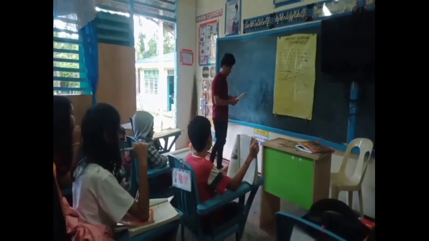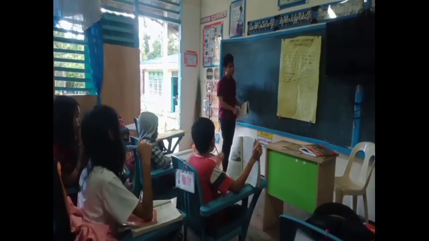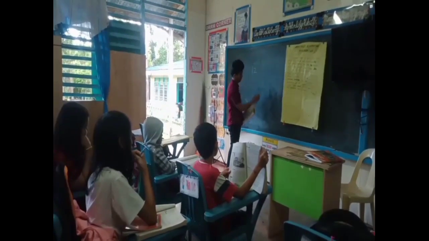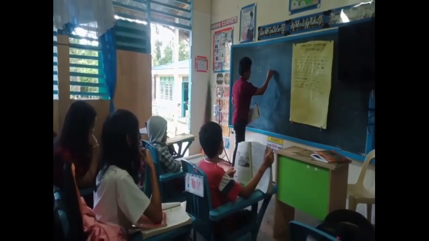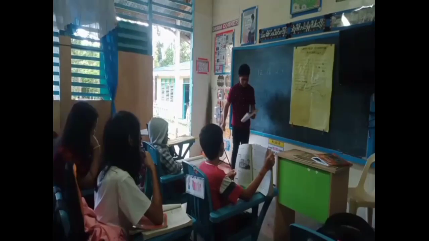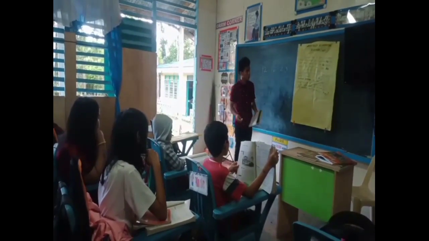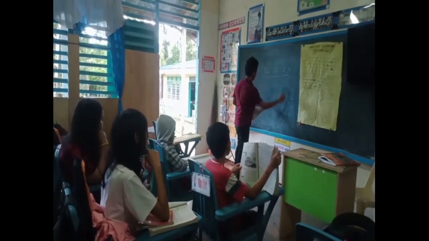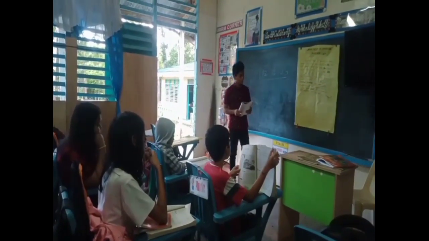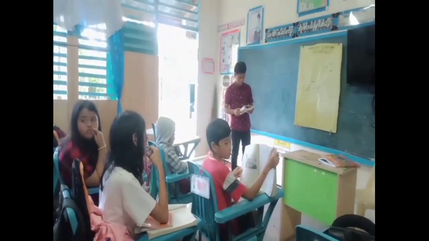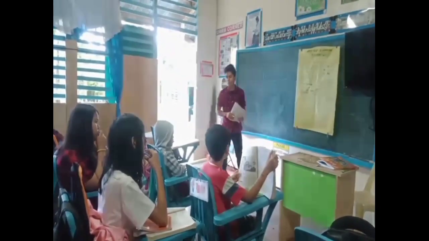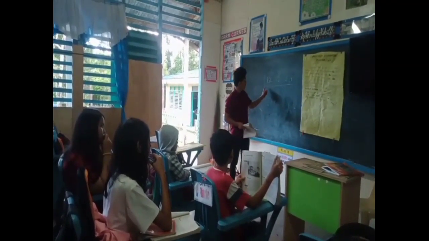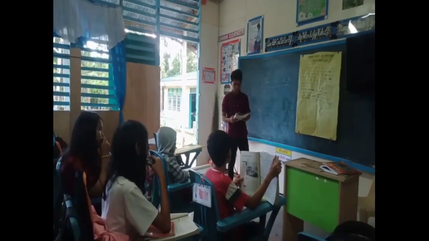So what is it, class? The given numbers are 12, 16, or 20. We look for their factors, the numbers that can divide 12, 16, and 20.